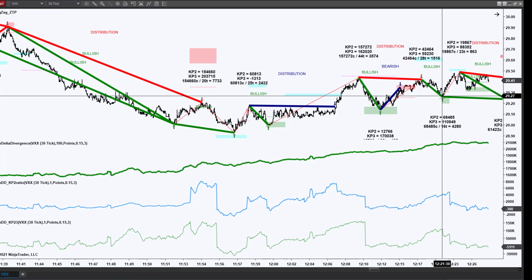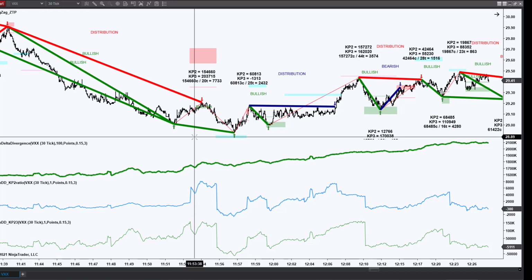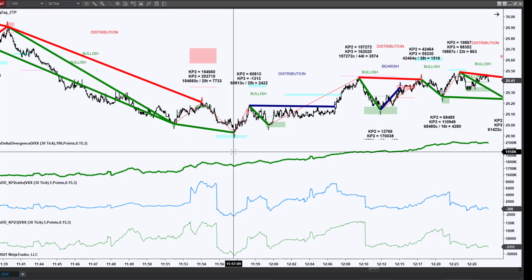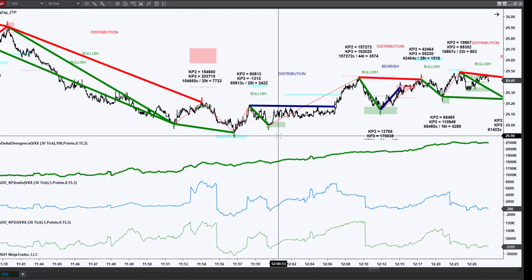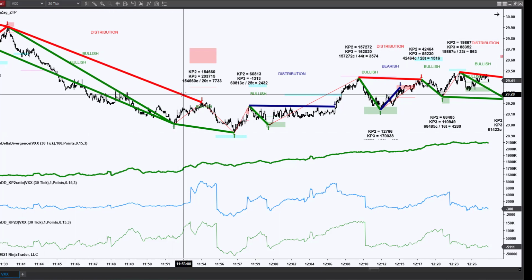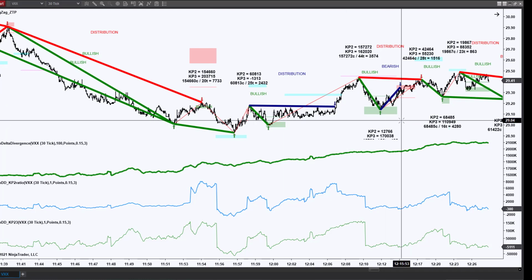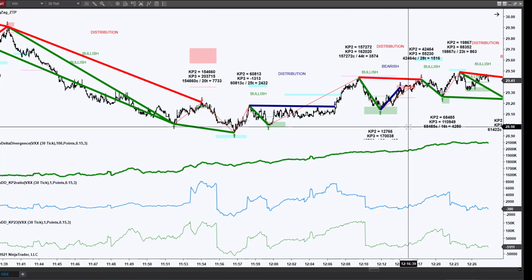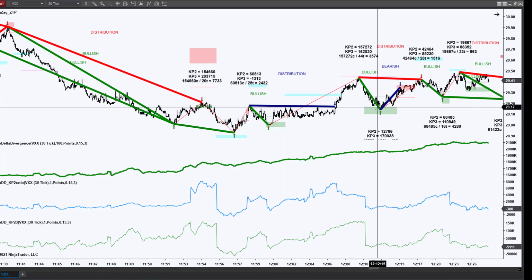What is also important to note is that for these tests, I am only using the two types of divergences on all three charts, and that is the distribution and accumulation divergence and special divergence.